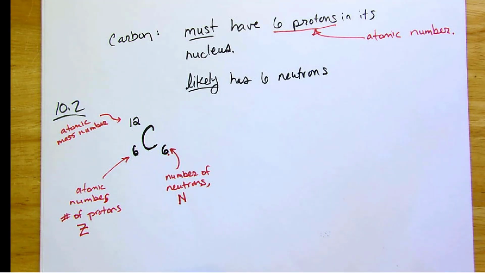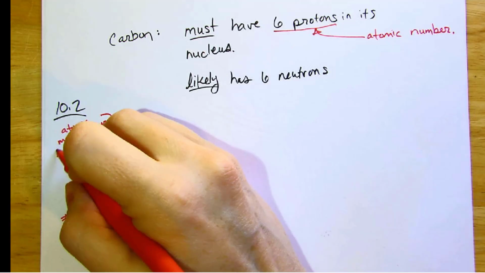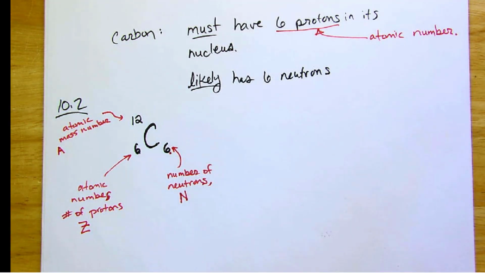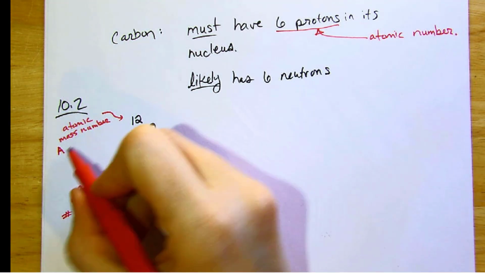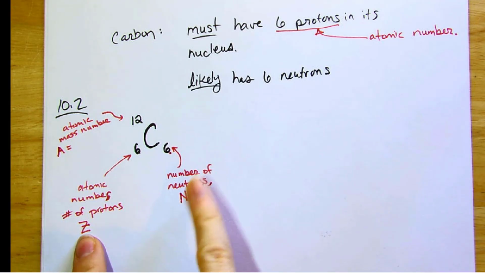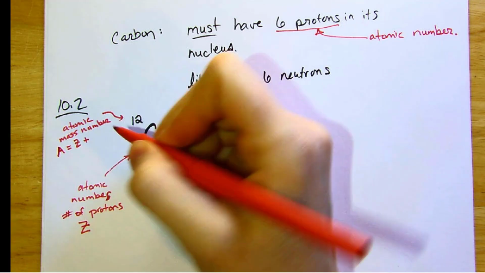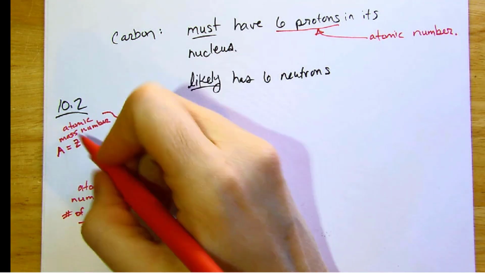Now, if I could have picked a letter to abbreviate that, I would have picked M, but the abbreviation is capital A. So if you wanted to find A, the atomic mass number, you could just add up the number of protons and the number of neutrons, because we are ignoring the mass of the teeny tiny electrons.